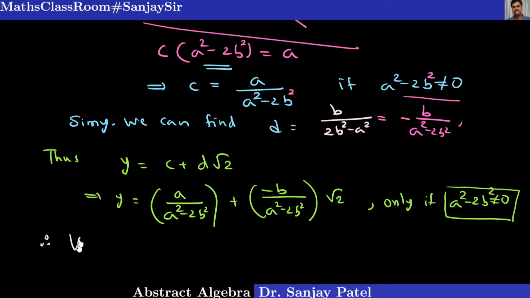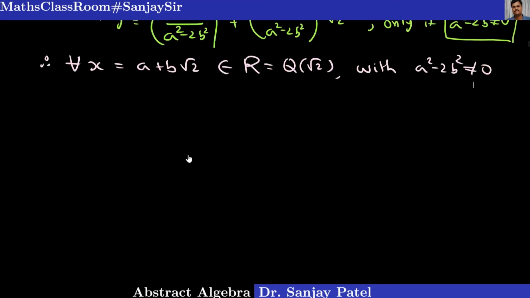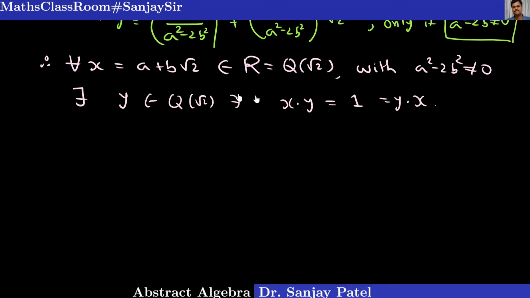So I can write down that conclusion. Thus, for every x equal to a plus b root 2 belonging to the given ring, which is Q root 2, with a square minus 2b square not equal to 0, there exists y defined above in Q root 2 such that x into y is equal to 1, and similarly y into x is equal to 1. So all elements of this type are units.